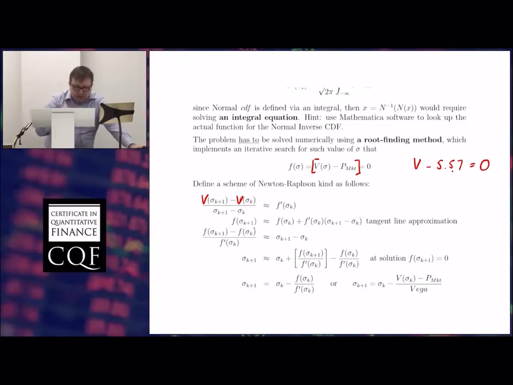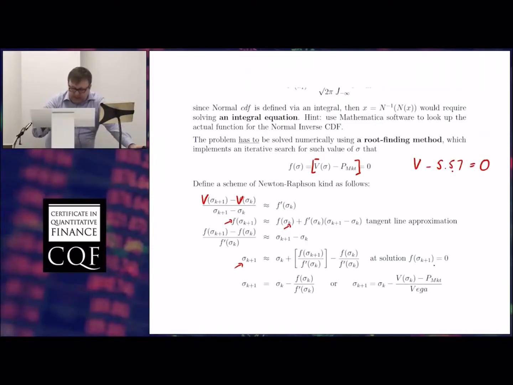Now I rearrange this to get the function value at k plus 1, which would be equal to the function value at k plus this expression. Now I need to get an estimate or guesstimate for the sigma at k plus 1. So I keep rearranging and I have this.